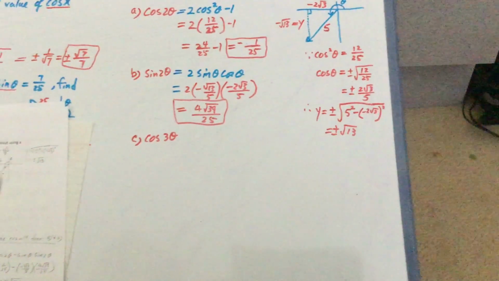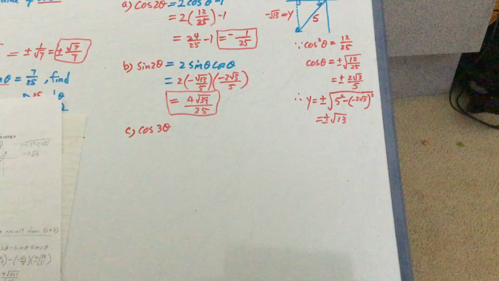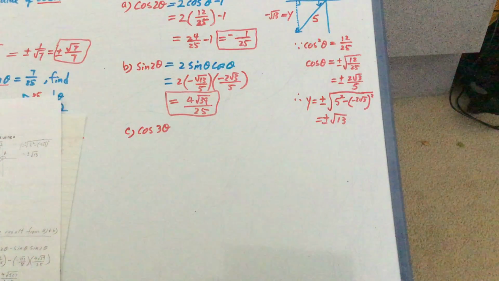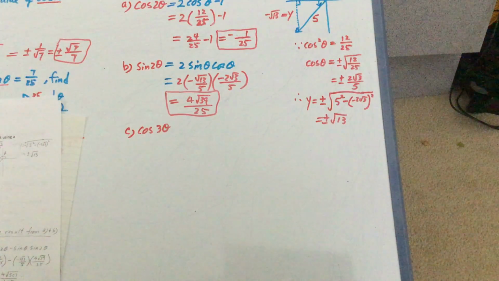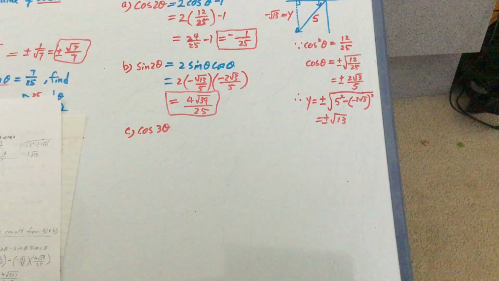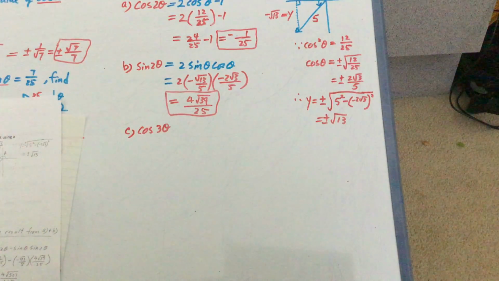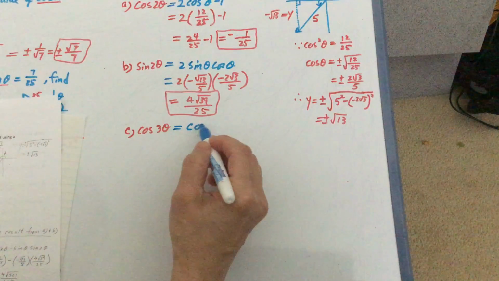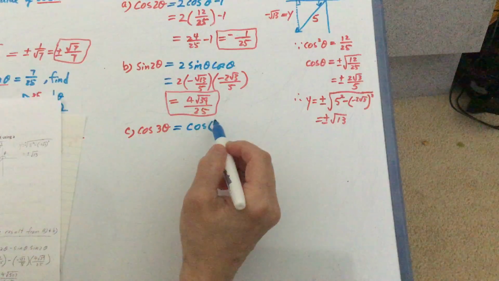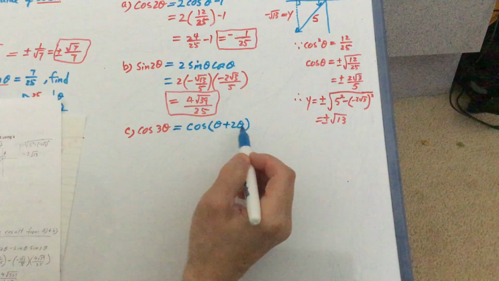Now the next question is a little bit more challenging because now you have a cos of 3 theta. Of course, in this case, we have to use the compound angles formula to start with. You can look at that as a cos of theta plus 2 theta.